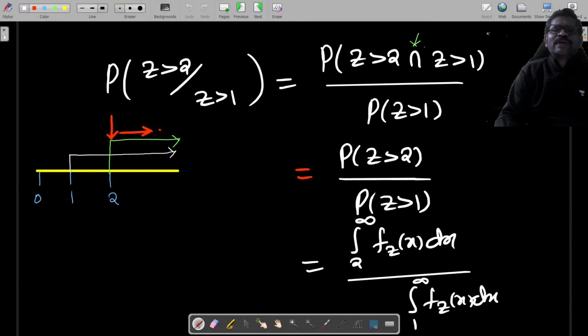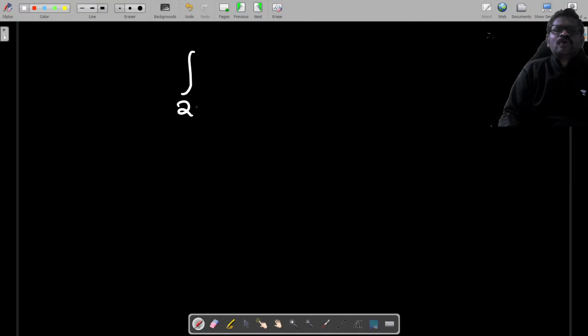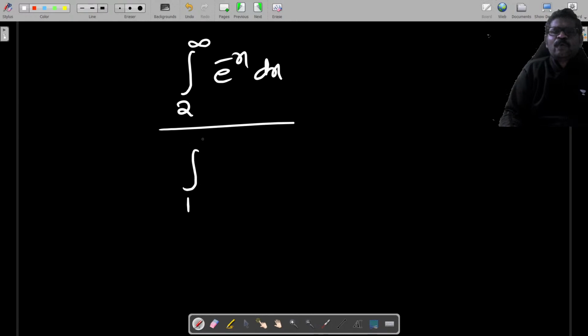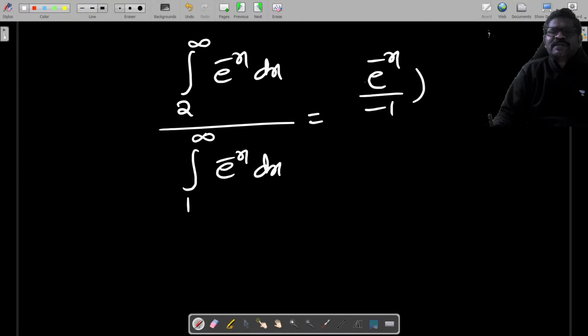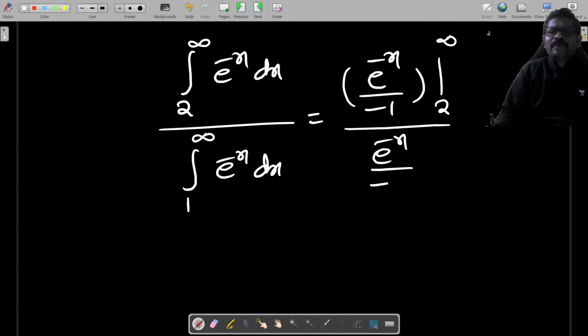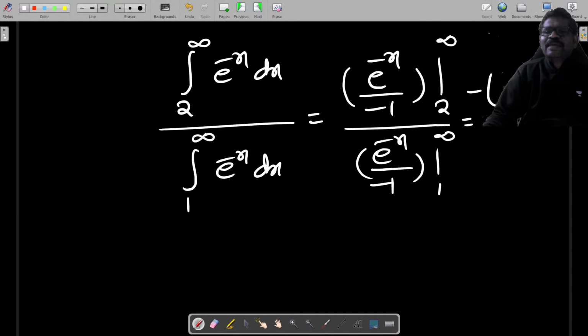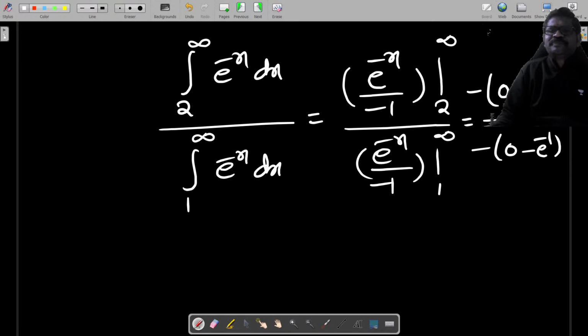That's why you write the integral from 2 to infinity of e power minus x dx by the integral from 1 to infinity of e power minus x dx. Integration of e power minus x is e power minus x by minus 1, from 2 to infinity, divided by e power minus x by minus 1 from 1 to infinity. That is minus of e power minus infinity, which is 0, minus e power minus 2, by minus of 0 minus e power minus 1.